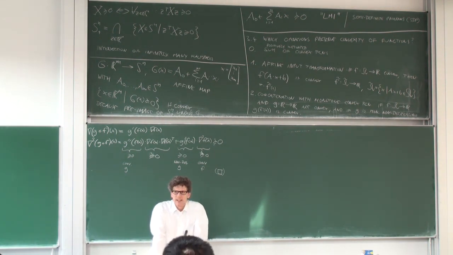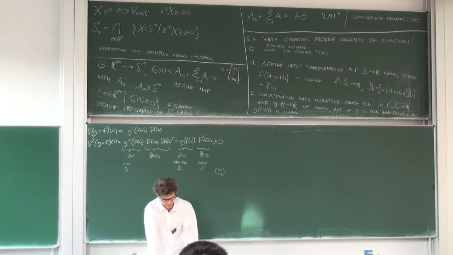The next thing I also wanted to share with you is the supremum of several convex functions. So if you take a collection of convex functions, you don't add them, but you actually take the maximum or the supremum of them pointwise. Then it turns out to be also a convex function.